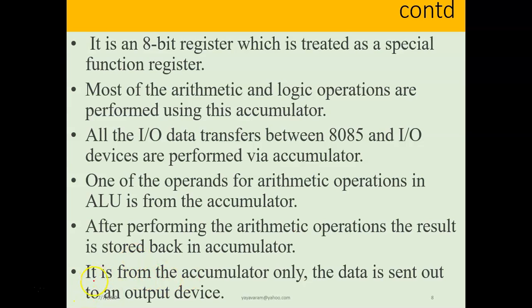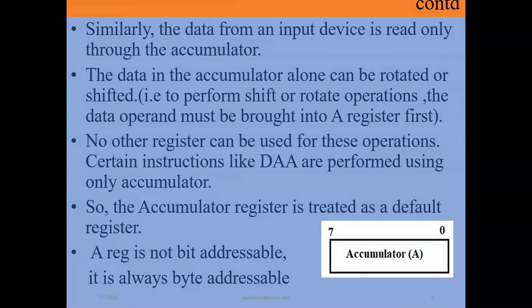So it is from the accumulator only that the data is sent out to an output device or received from the input device to the microprocessor. That's what I told you. IN and OUT operations are performed only on the accumulator. This is the importance of the accumulator, which is denoted by A. Here I have shown you, this is your accumulator.